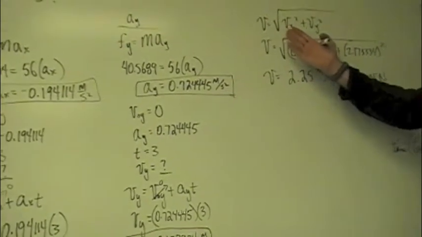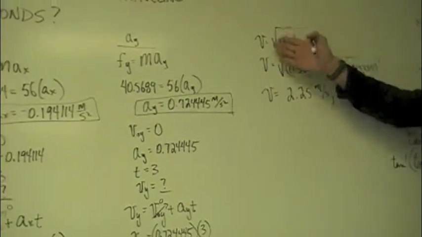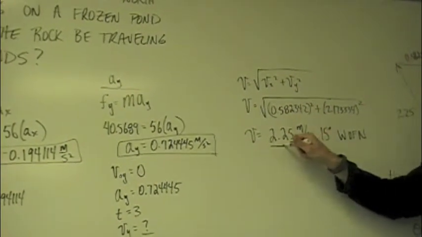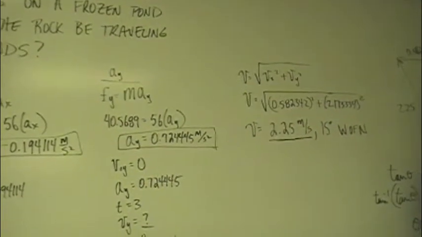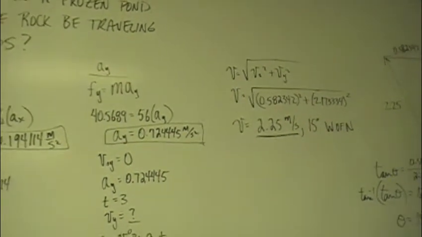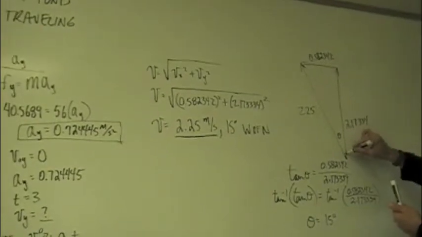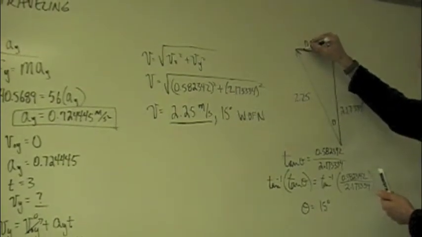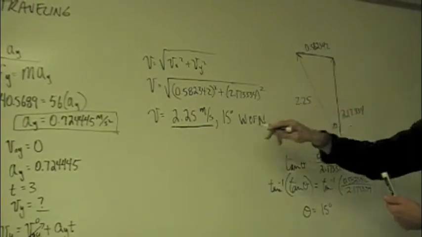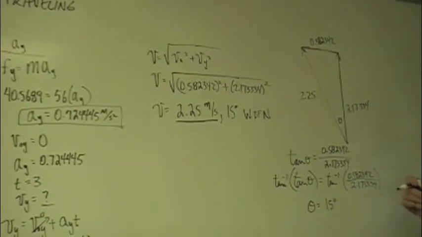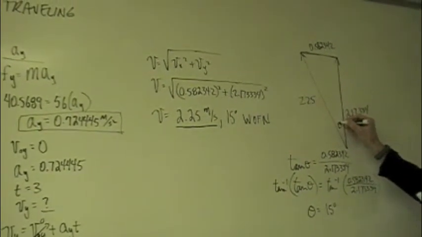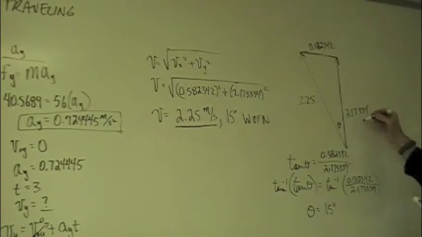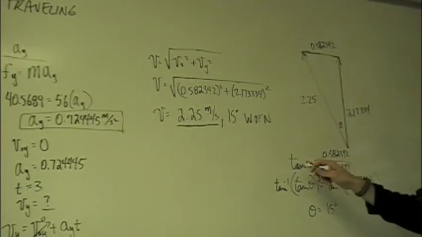If we take Vx squared plus Vy squared and take the square root, we come up with a magnitude of 2.25 meters per second, okay? Which you can see here, this is my Y component, this is my X component. If I take those and square root them, we're going to come up with that. And then guys, if we look for this degree measure, we take opposite over adjacent, which would give us tangent.